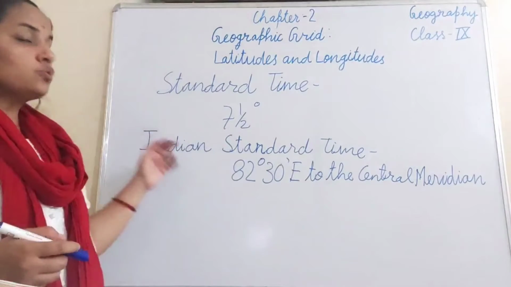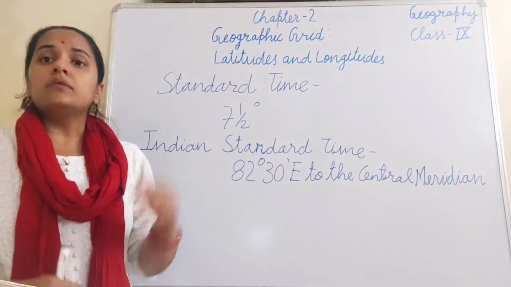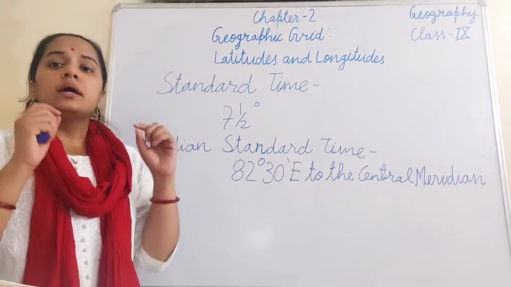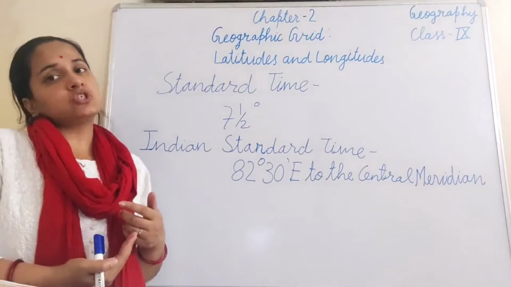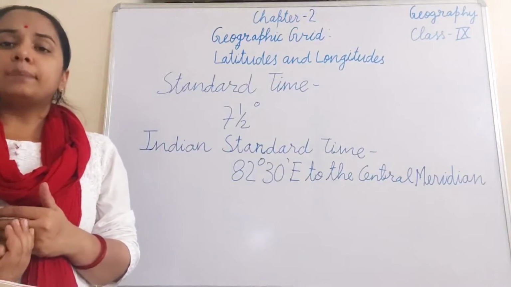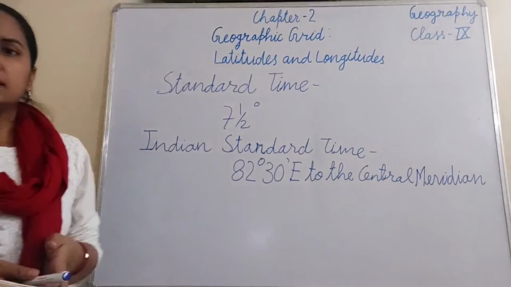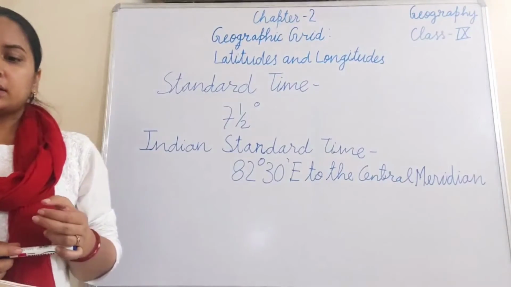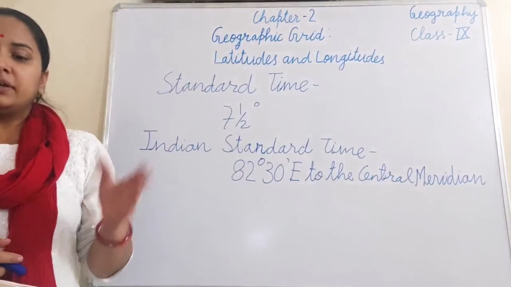It passes through Mirzapur near Allahabad. The central meridian which passes through India, it passes through like the Greenwich Mean Line. It passes through Greenwich near London. So the central meridian here passes through a place named Mirzapur, and it is near Allahabad. And it is also known as the standard meridian of India.